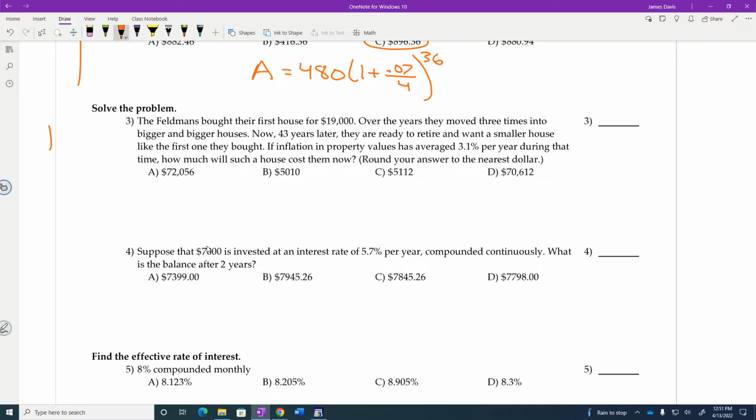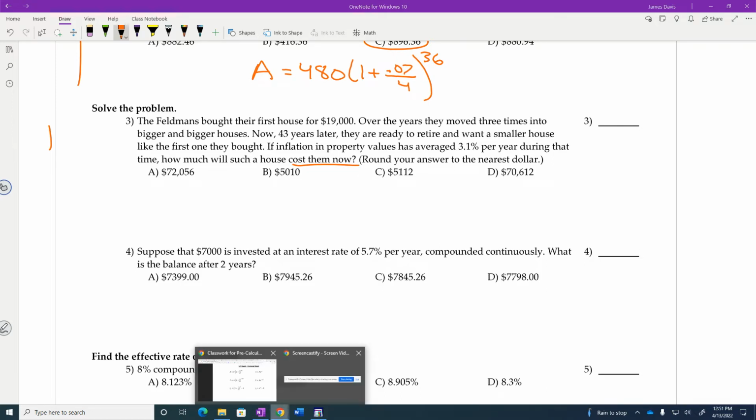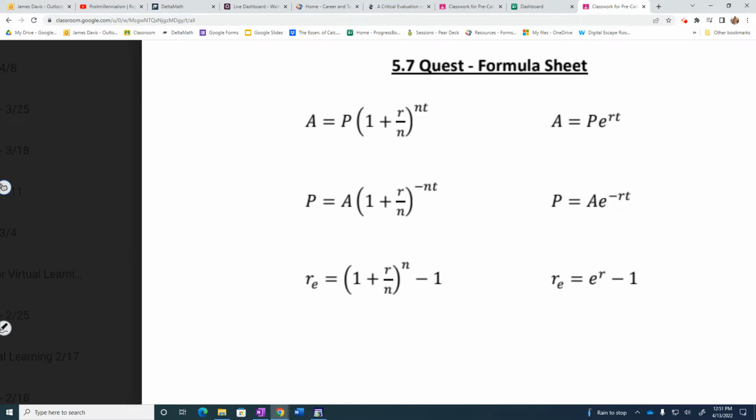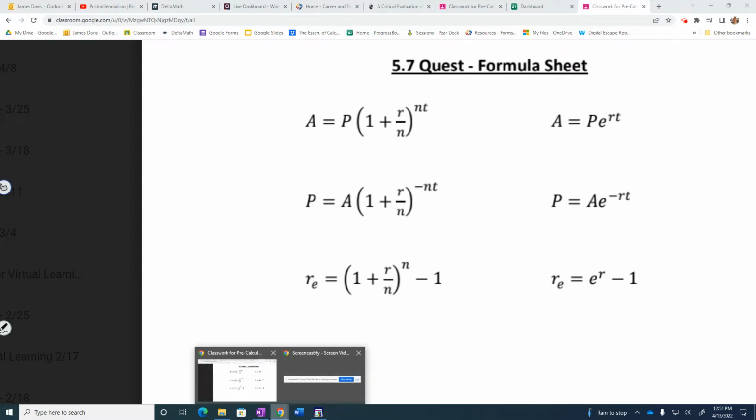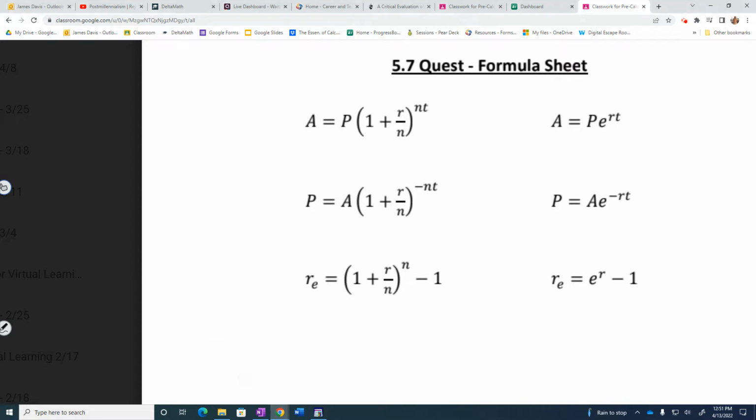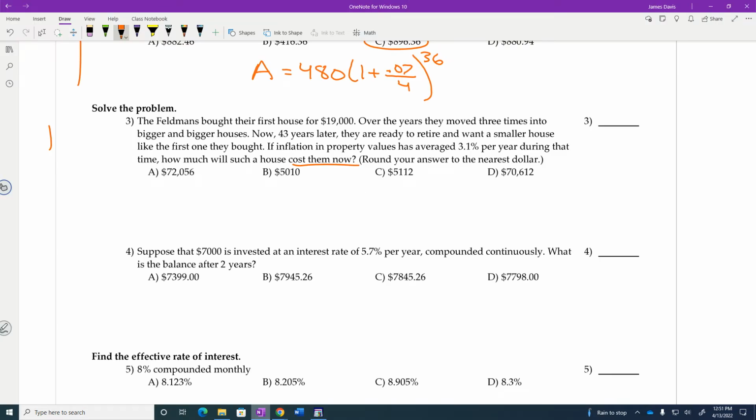So do we want to find a future value or a present value? Future value. Present value. Yeah. So this is kind of a trick question. How much does it cost them now? If we use a present value formula, you plug it in and you're going to get a lower value.